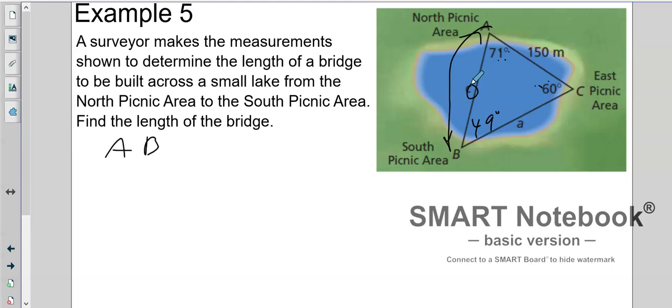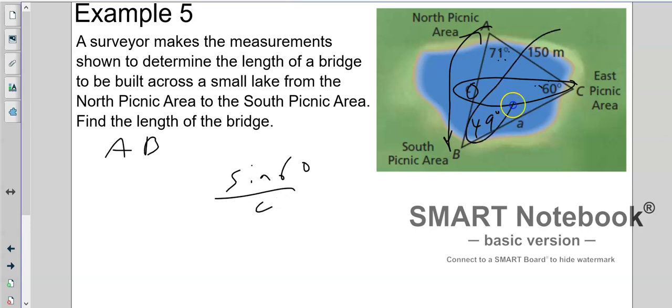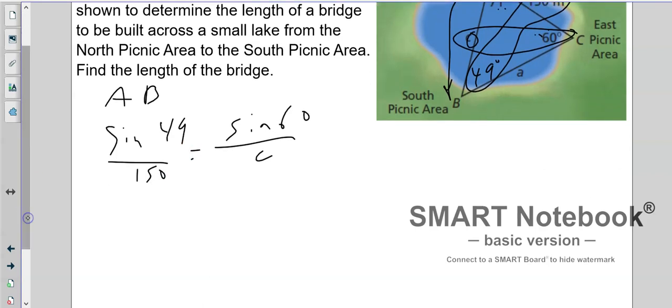Well, that's going to be these two. So sine of 60 over unknown. We can't use A because we don't know how long A is, so we're going to use 49 and 150. So sine of 49 over 150 equals. And now it's the same as what we've done.